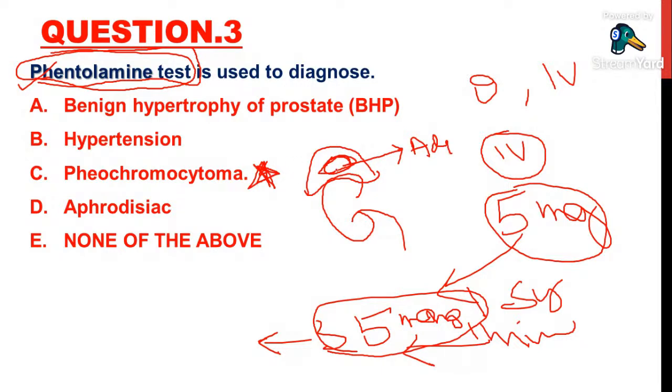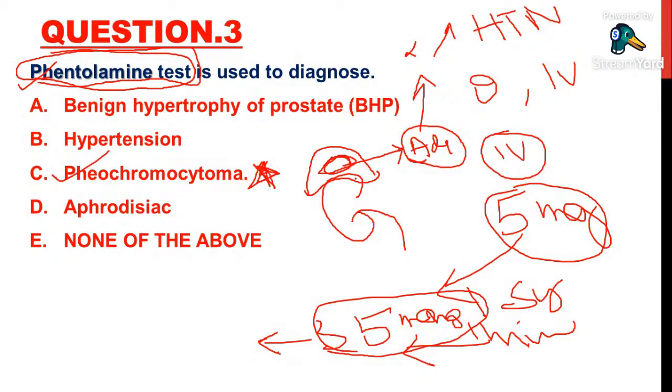When the adrenal gland has tumors, it will synthesize more adrenaline. So more adrenaline will act on alpha and beta receptors, and by that it will cause hypertension. The patient will have hypertension. This condition is called pheochromocytoma.